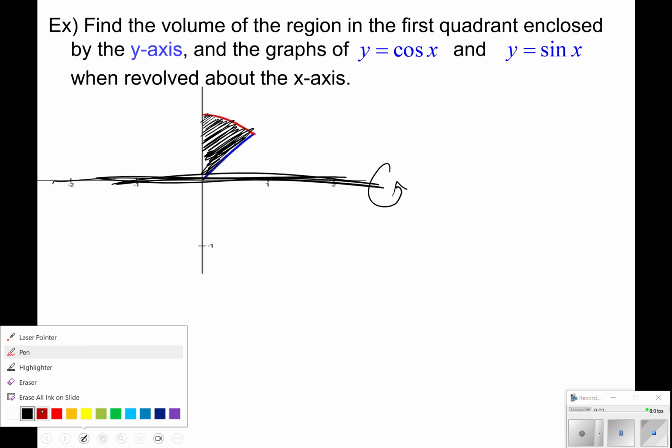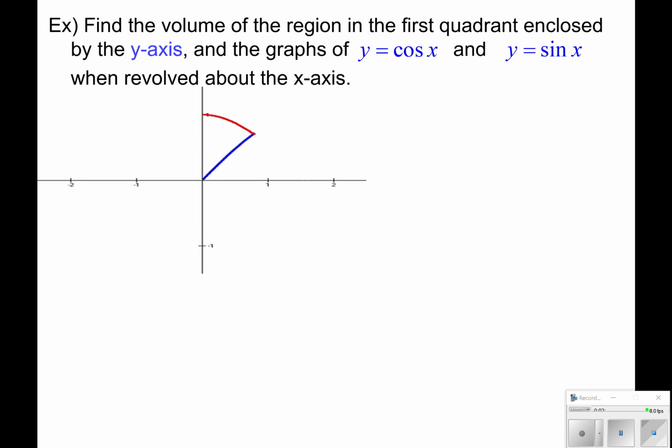In order to do that, you can imagine that as it spins around, it's going to make this three-dimensional shape. Now that's not a Pac-Man, that's two-dimensional only. But when we spin it around, it's going to create that shape right there.